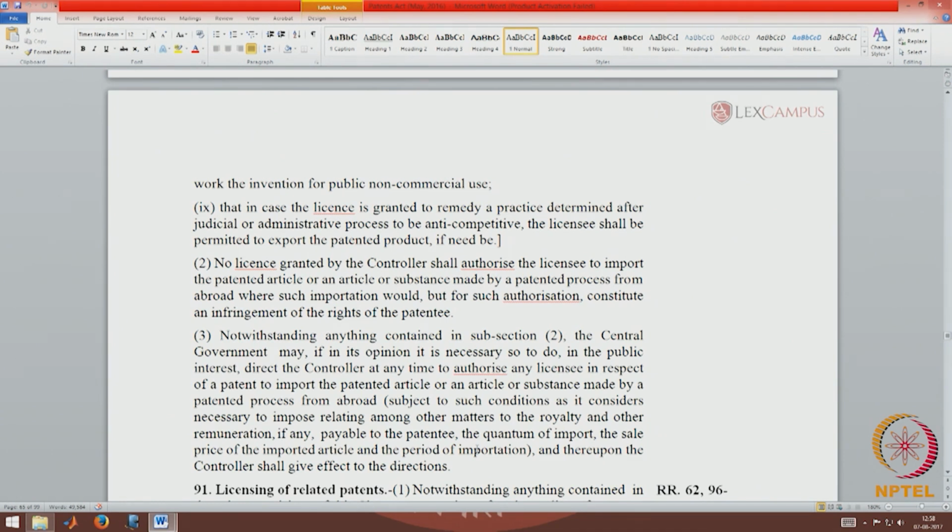The licensee will have to manufacture it. So, in cases where importation would amount to infringement, the licensee would not be allowed to import. Now, we know that under section 48, importation is one of the acts that constitutes infringement. It is one of the acts granted as an exclusive right to the patentee. So, the licensee's objective should not be to import but rather to manufacture.